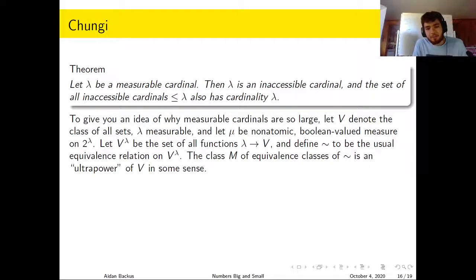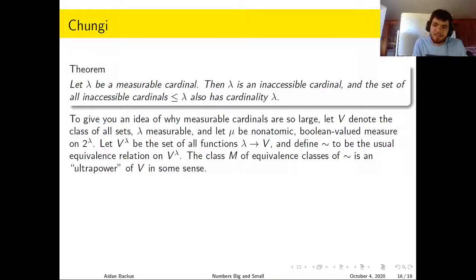And let's again talk about the usual equivalence relation, where a function x is similar to a function y if and only if the set of elements of lambda on which they agree has measure 1. So they agree on most of lambda. And then we let M be the class of similarity classes in V to the lambda.